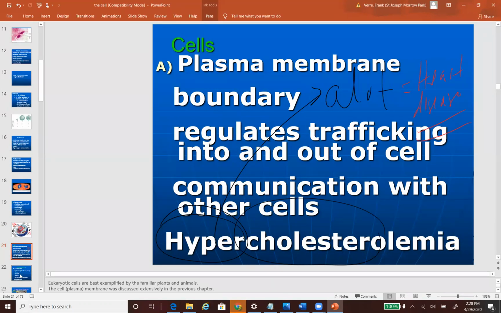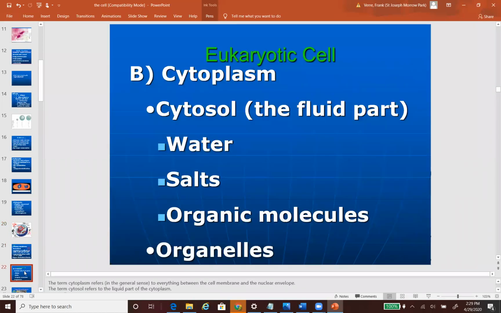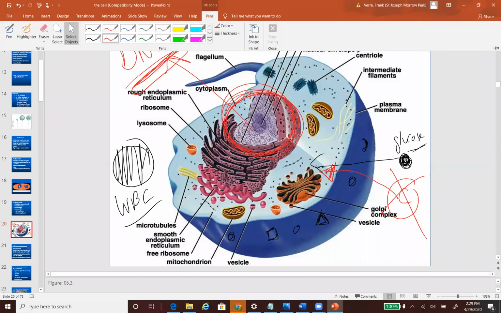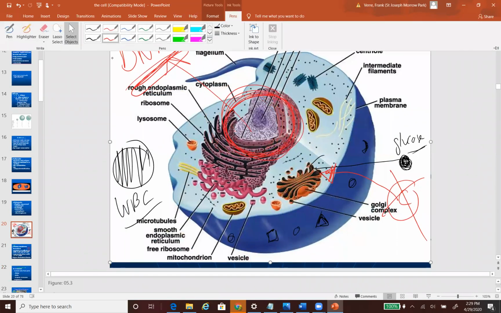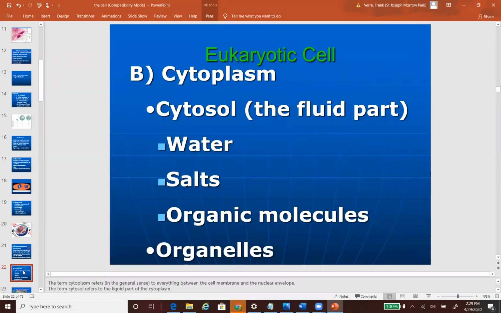All right, so all cells have a cell membrane, that's the outer part. All cells also have what's called the cytoplasm. That's the inner part. I like to think of it as the ocean of the cell. So that would be all of this stuff in here. This is like the jelly of the cell. This is the cytoplasm. It's mostly made out of water, but there are other things in there, like salts, and maybe some sugar.